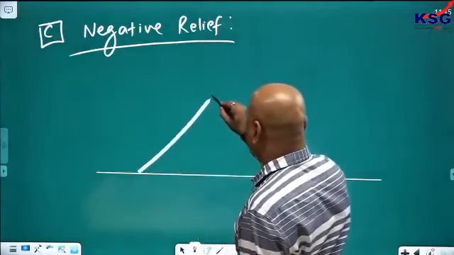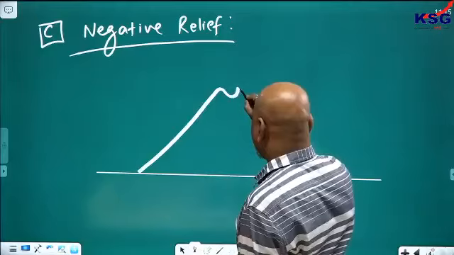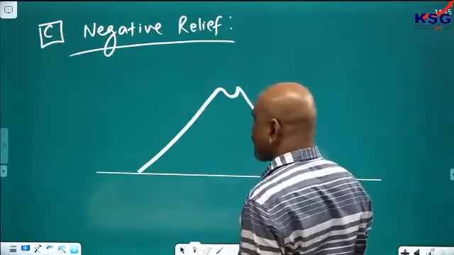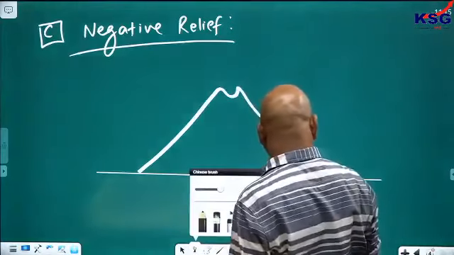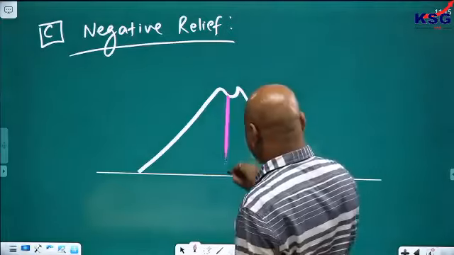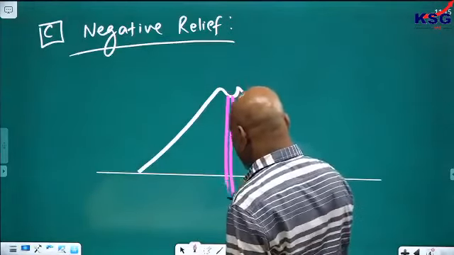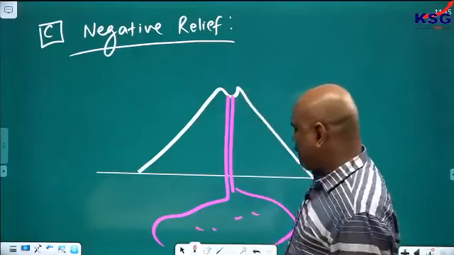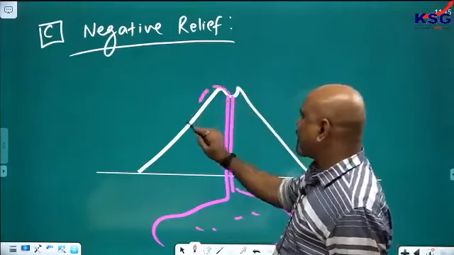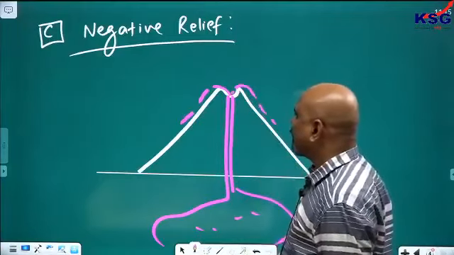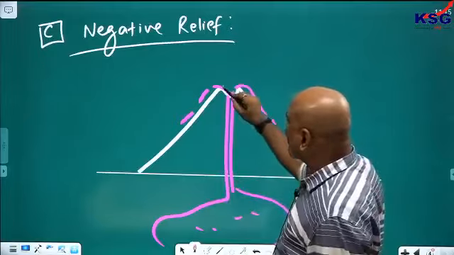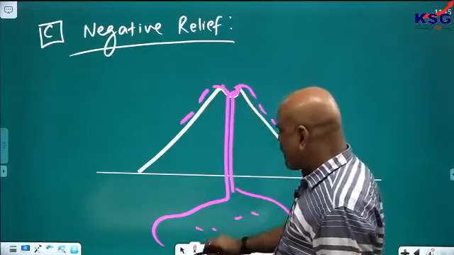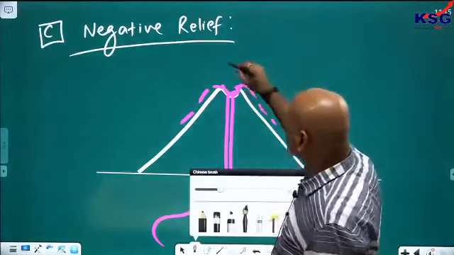You have lava accumulation and formation of a mountain here, a volcanic mountain, and this is the magma chamber here. Now magmatic eruption is there. When it dries out, you have a mouth like this. This is called a crater.